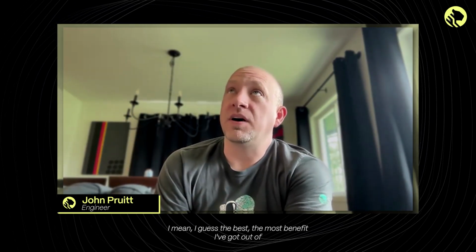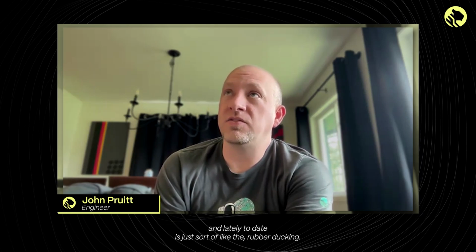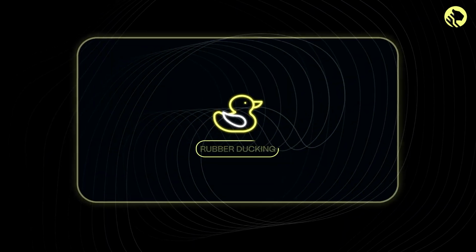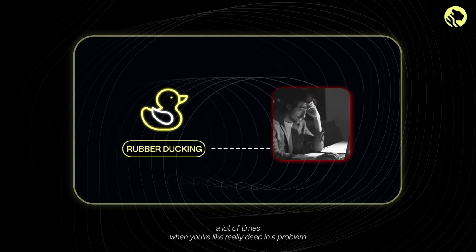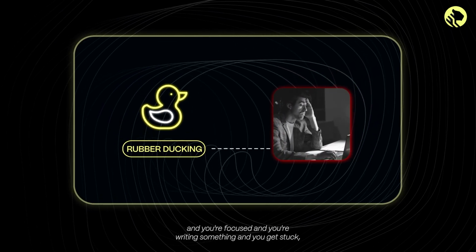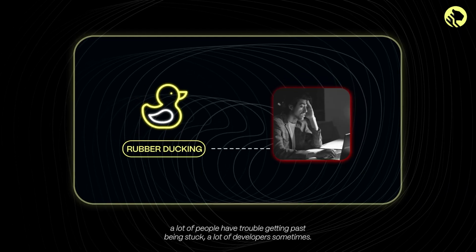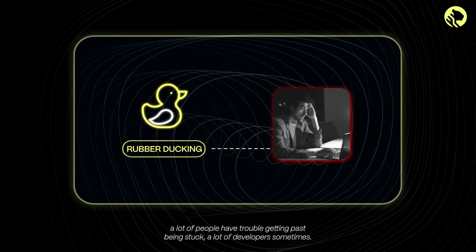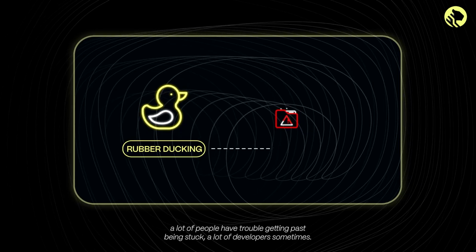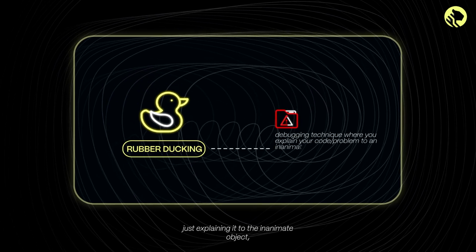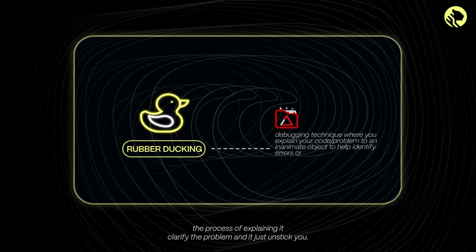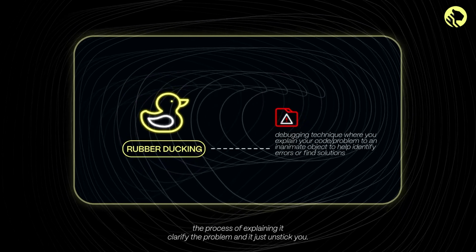I guess the most benefit I've got out of it to date is the rubber ducking. I'm working on a problem, and a lot of times when you're really deep in a problem and you're focused and you're writing something, you get stuck. A lot of developers have trouble getting past being stuck. The saying is, if you have a rubber duck, just explaining it to the inanimate object, the process of explaining it clarifies the problem.